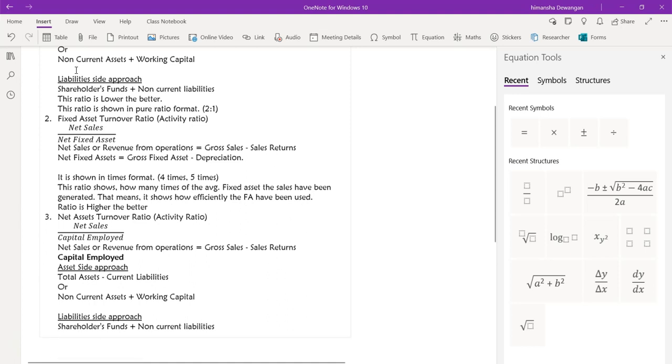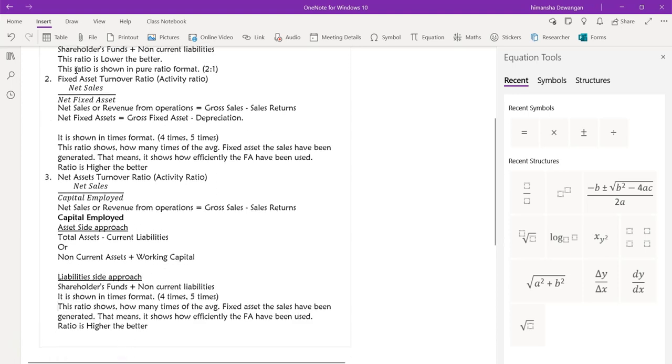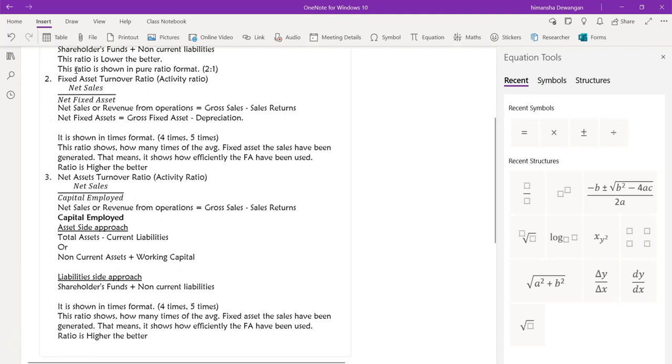And the significance will be quite similar to what we had done in our fixed asset turnover ratio. It is shown in times format only since it's an activity ratio. Now this ratio shows how many times of the capital employed the sales have been generated.